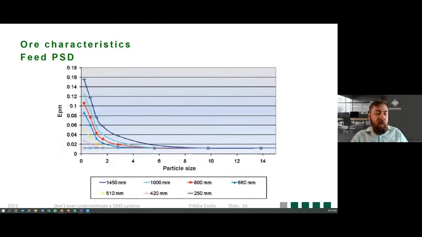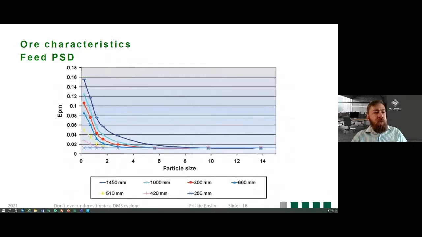You can see that all the cyclones give a similar efficiency at the bigger particles, but then one by one, they start to veer off. That point where they start to veer off and you see an increase in the EPM, or a decrease in efficiency, is what we call the breakaway size.